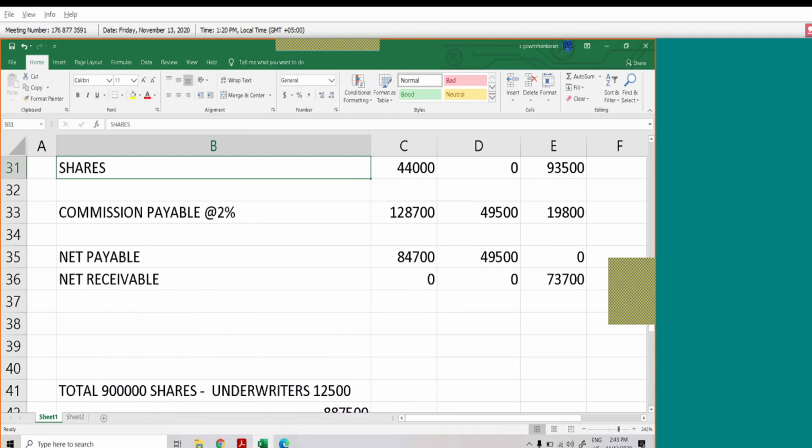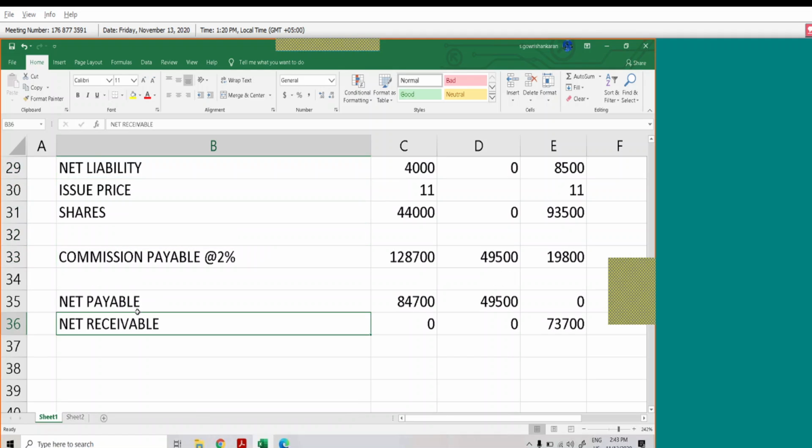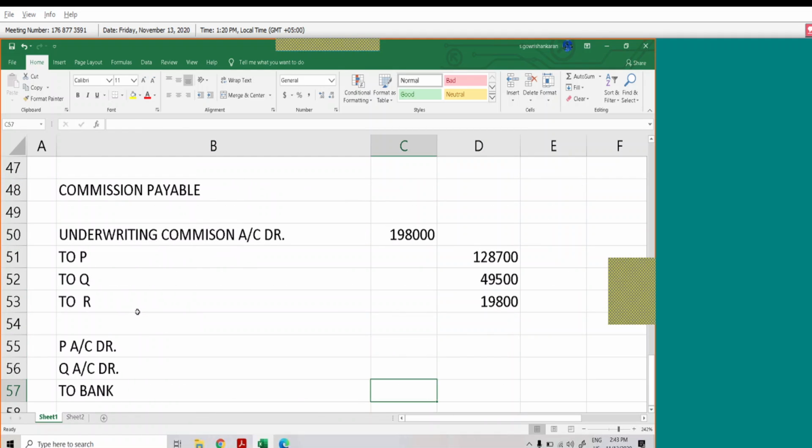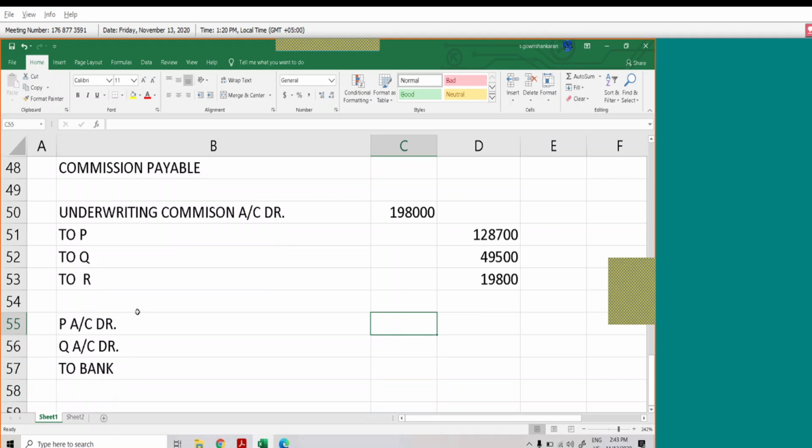How much? 84,700 and 49,500. 1,34,200 I paid to these guys.